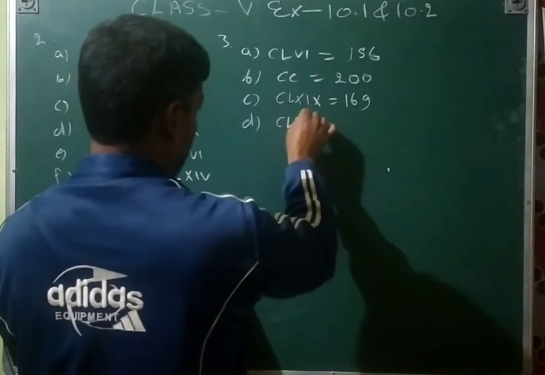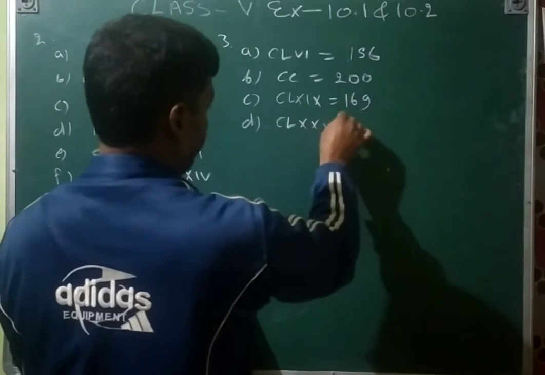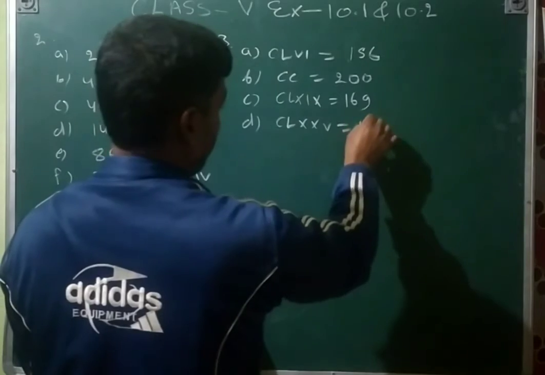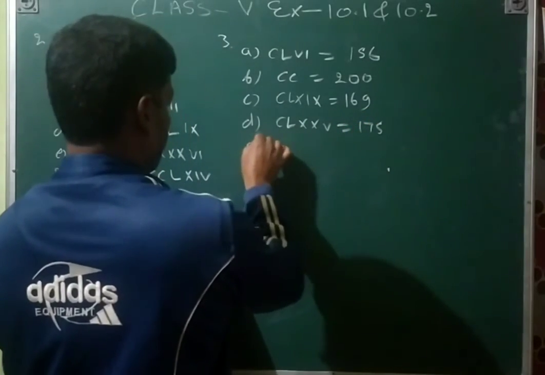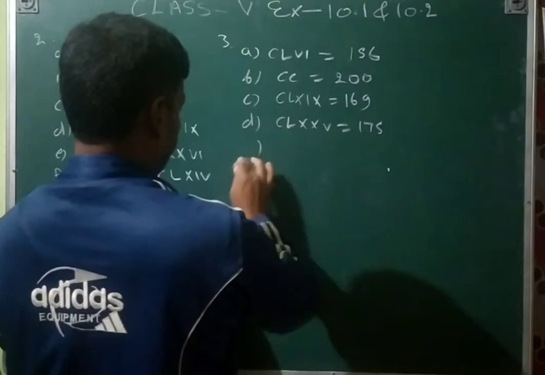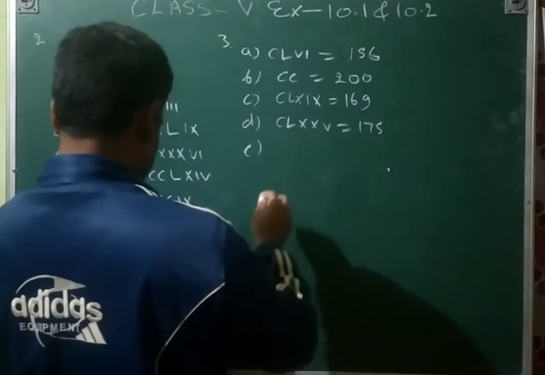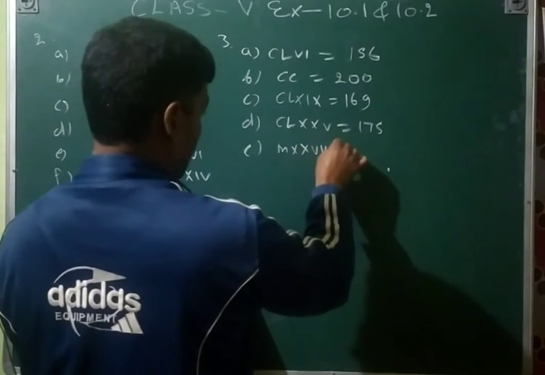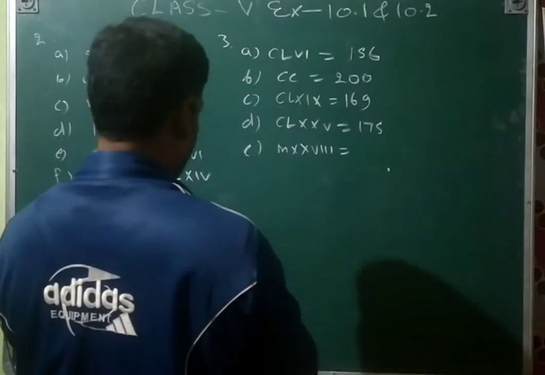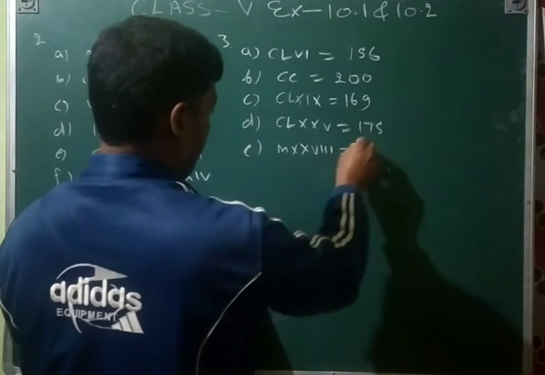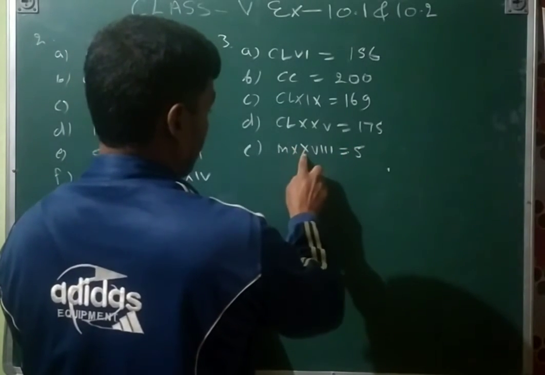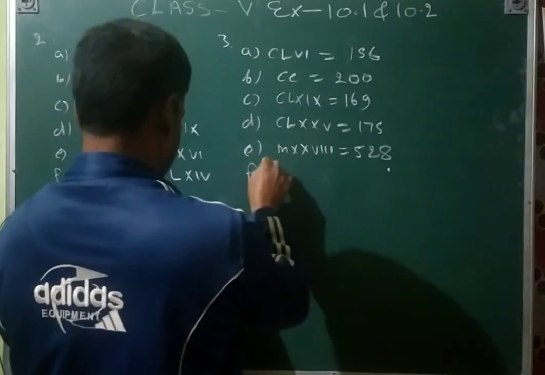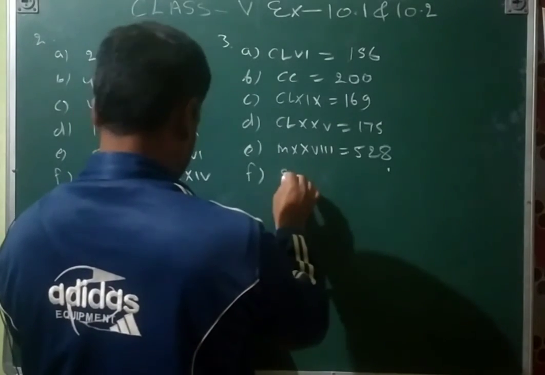D part, CLXVV is equal to 150, 60, 70, 75, 175. E part is MXXVII. So M value is 1000, then 10, 10, 27.